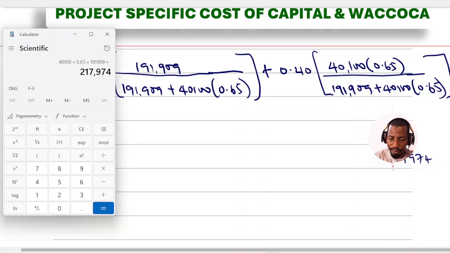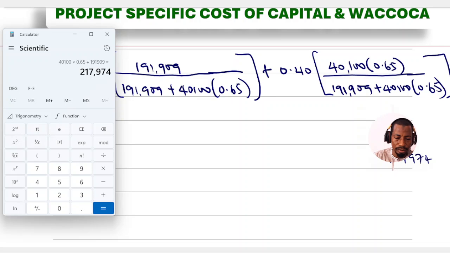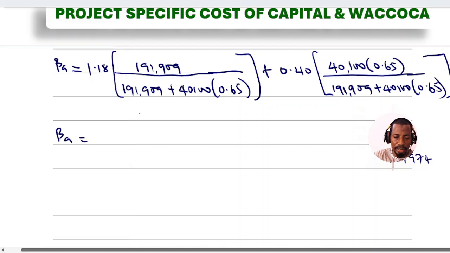Then 191,909 divided by 217,974 equal, then multiply by 1.18 equal, that's 1.04. Here is 1.04 plus the other side.